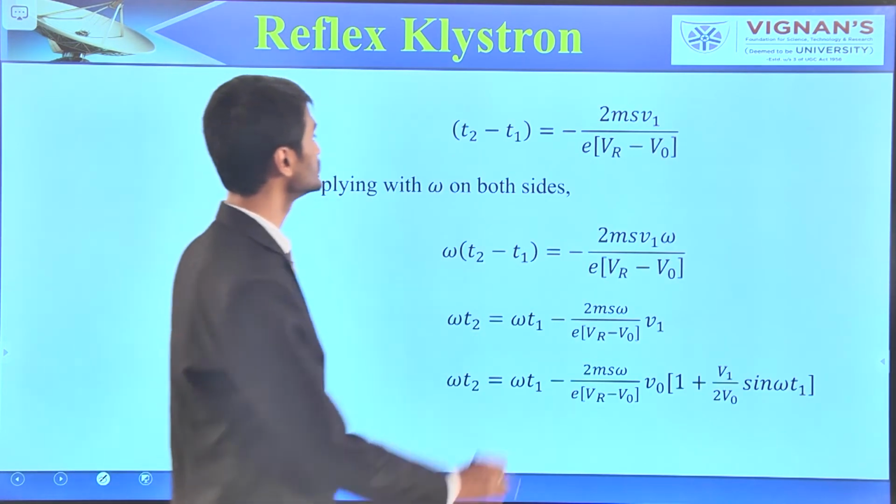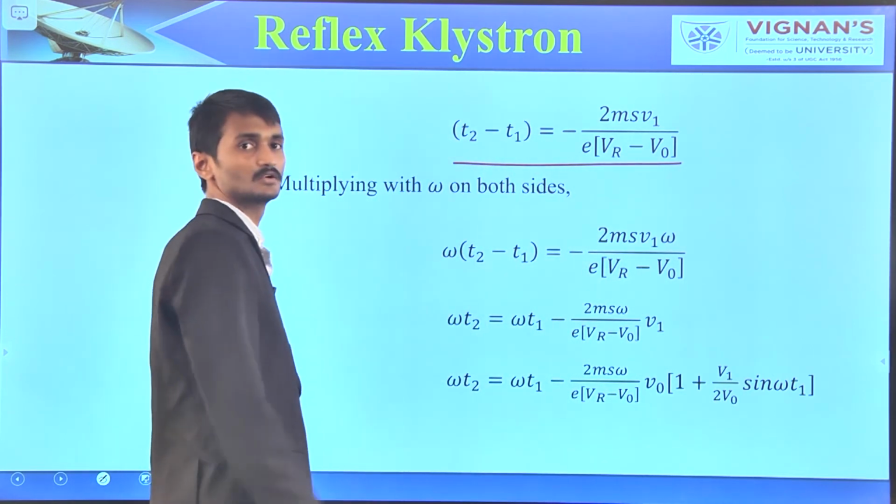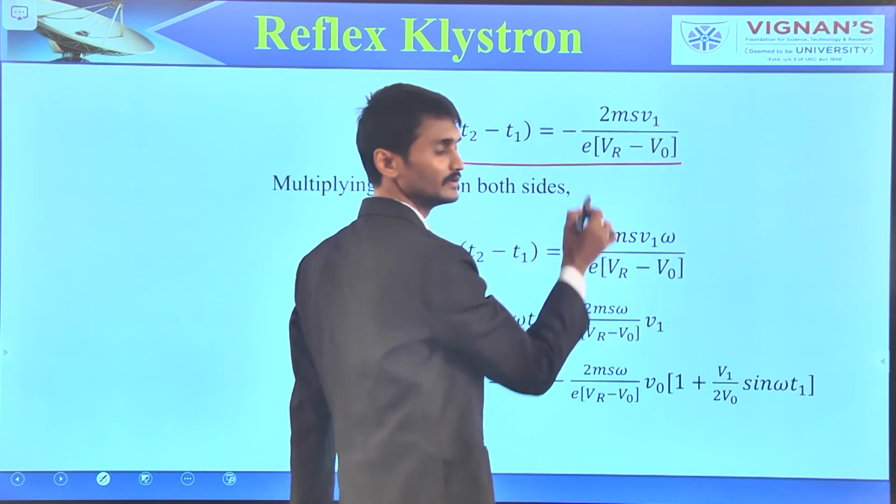So from this, T2 minus T1 is equal to minus 2 ms V1 by E into (Vr minus V0).